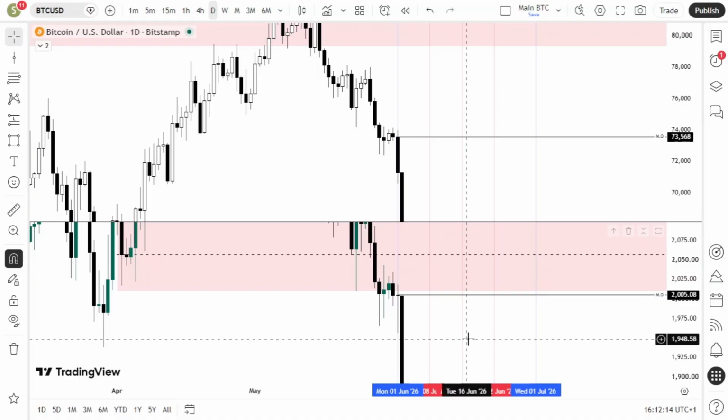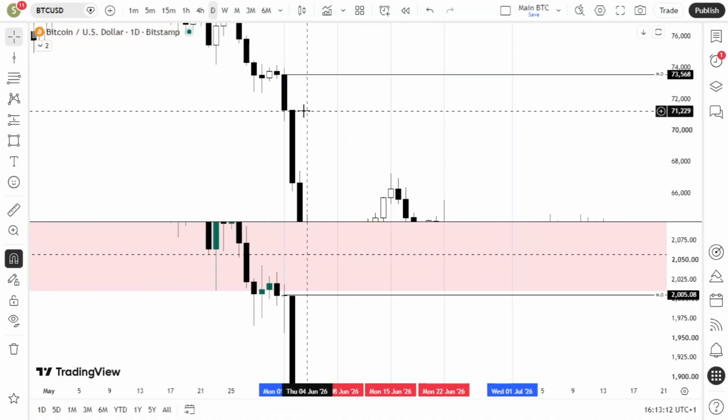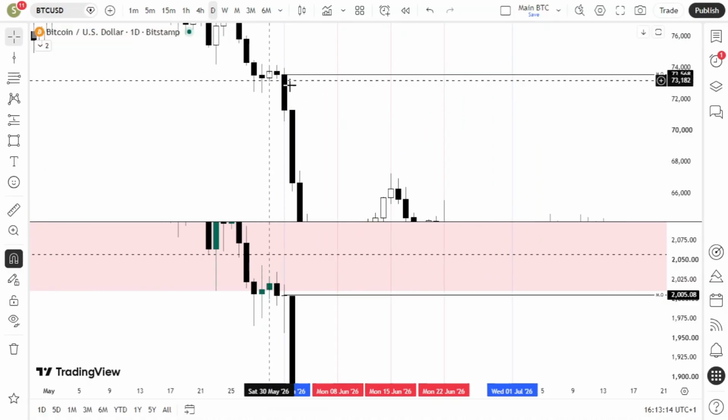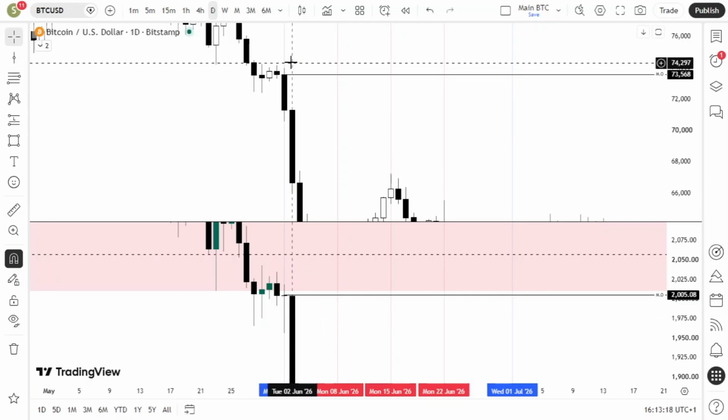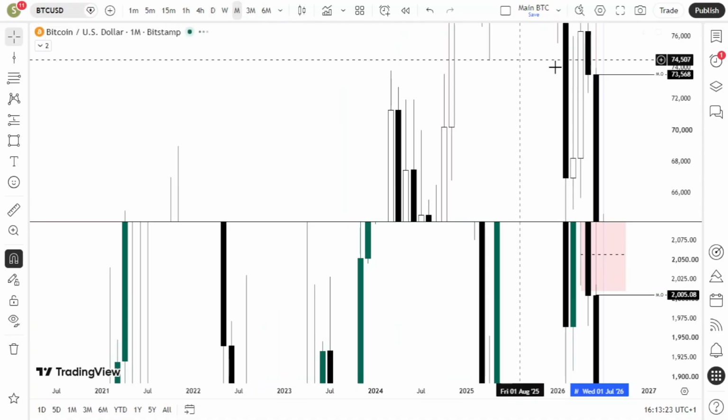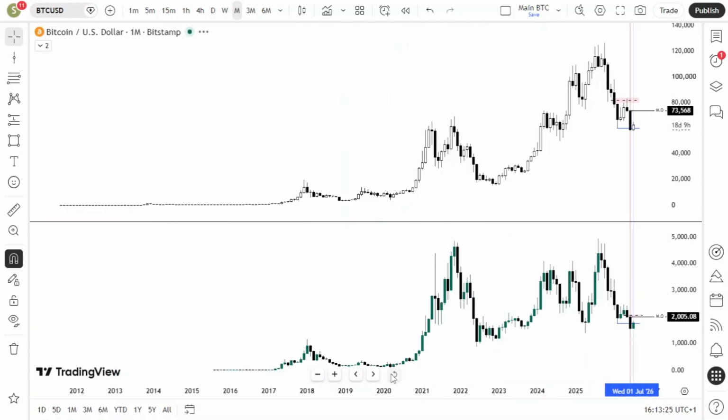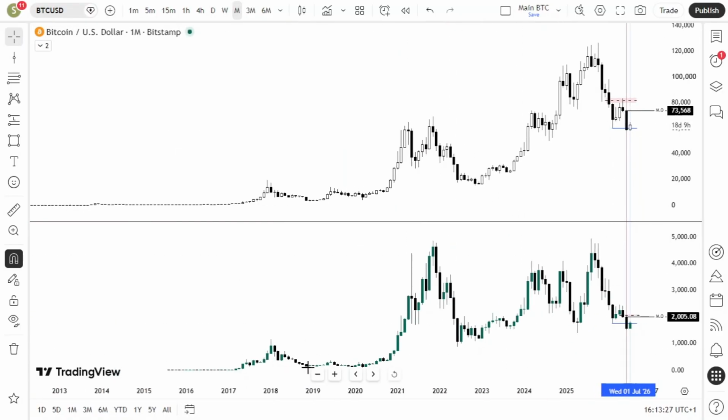So let me just zoom in here a bit. If you observe at the start of the month, well, if you remember ETH closed a bit, let's just take a trip to the monthly time frame before we continue. On the monthly time frame, if you remember, let me zoom in a bit.